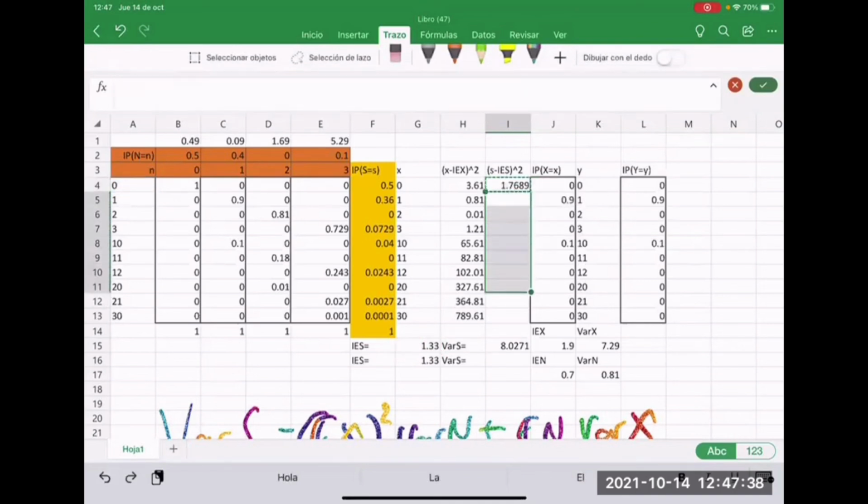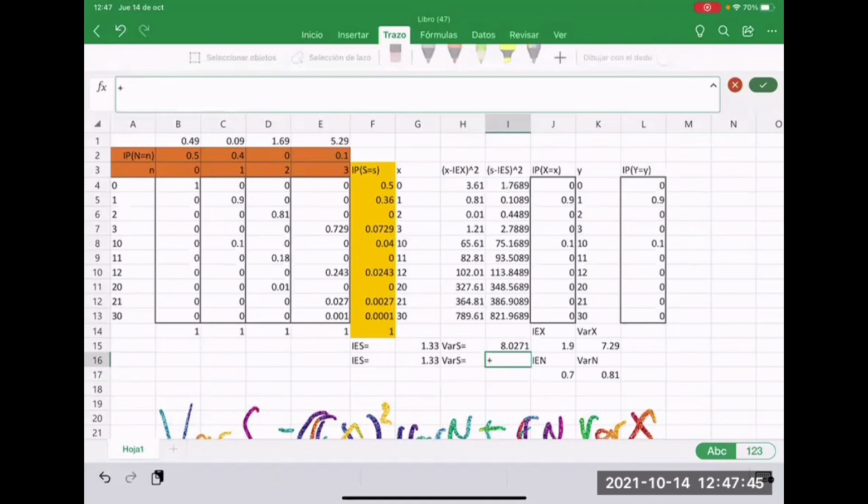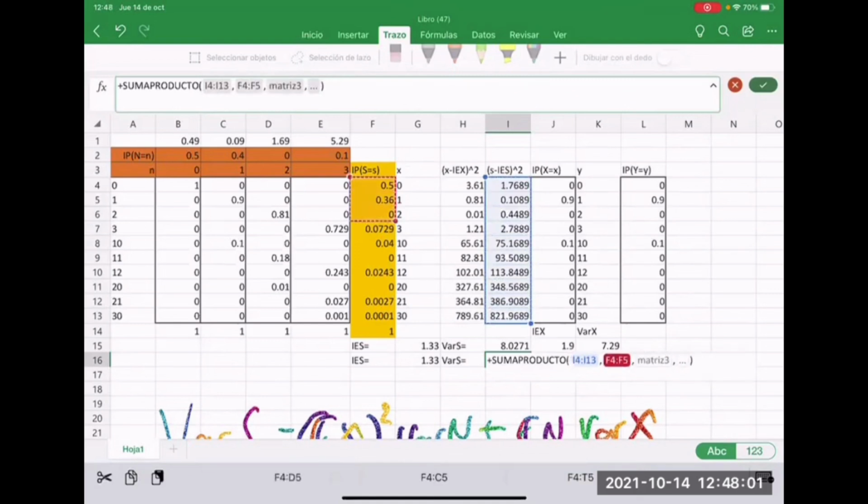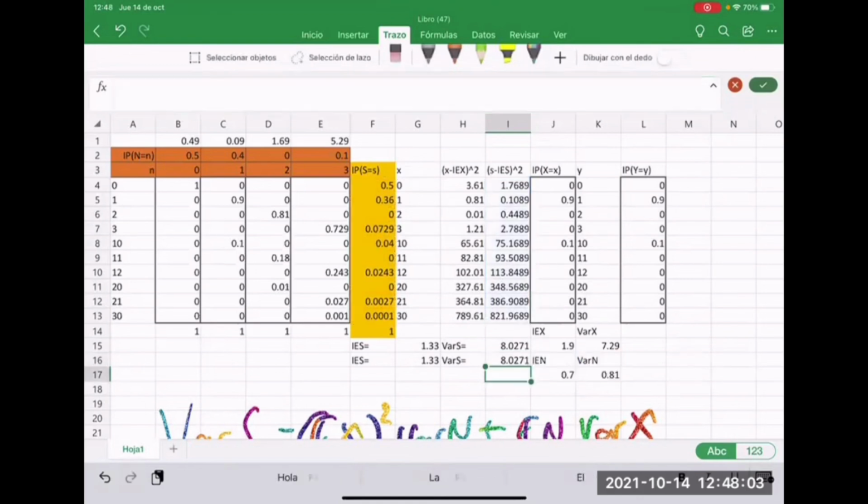And finally, I can compute the variance of S by writing the sum product of this vector here with this other vector around here. Easy peasy, lemon squeezy.